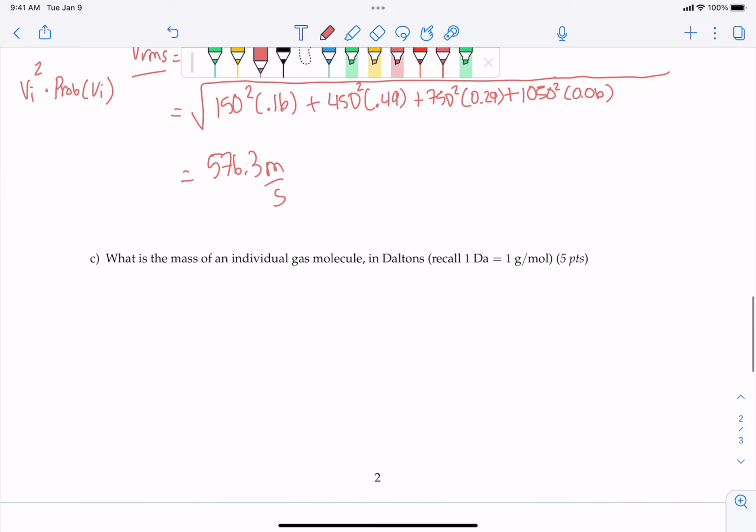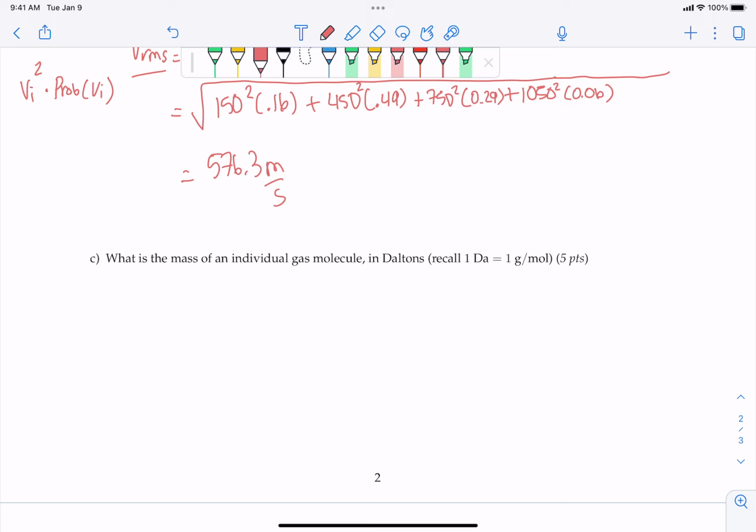But yeah, so final part here is asking about the mass of an individual gas molecule in Daltons. So 1 Dalton is 1 gram per mole, right? So like 16 Daltons is 16 grams per mole. 345.87 Daltons is 345.87 grams per mole, right?